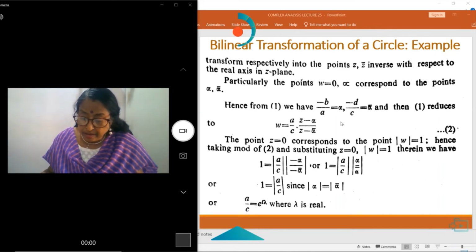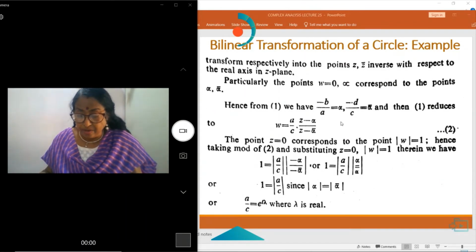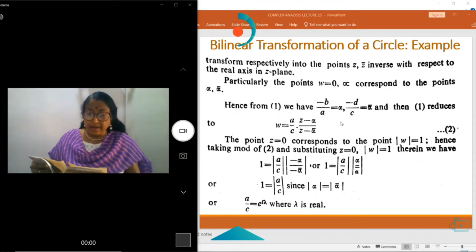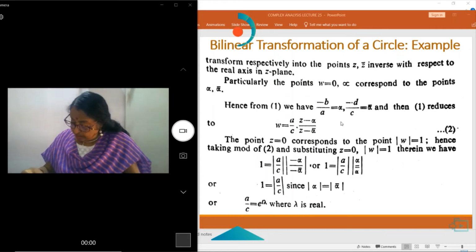So when W equal to 0 or infinity correspond to the points alpha and alpha bar, from this we have minus B by A equal to alpha, and minus D by C equal to alpha bar. Note this point again: W is equal to (A by C) times (Z plus B by A).